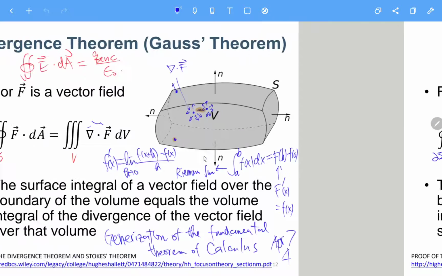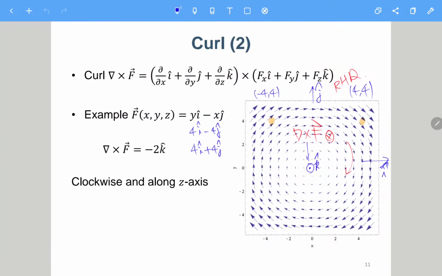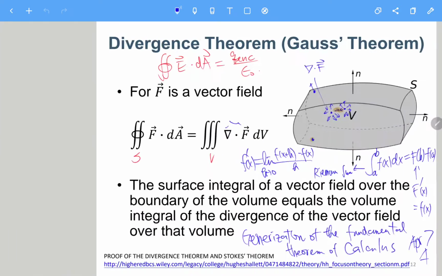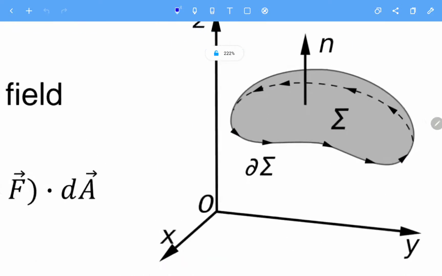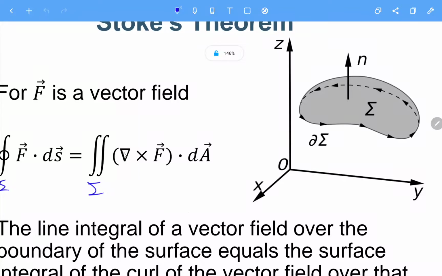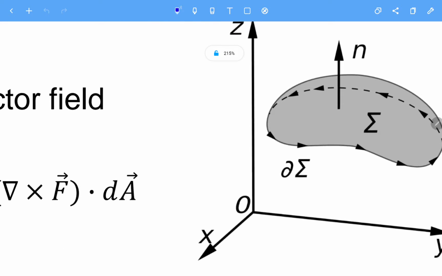As I mentioned last time, the curl is like how the vector field is rotating. So you can simply imagine when you consider the curl of f on the right side, for example, for this point, you try to calculate how this vector field is rotating, and for the adjacent point, it is also rotating.